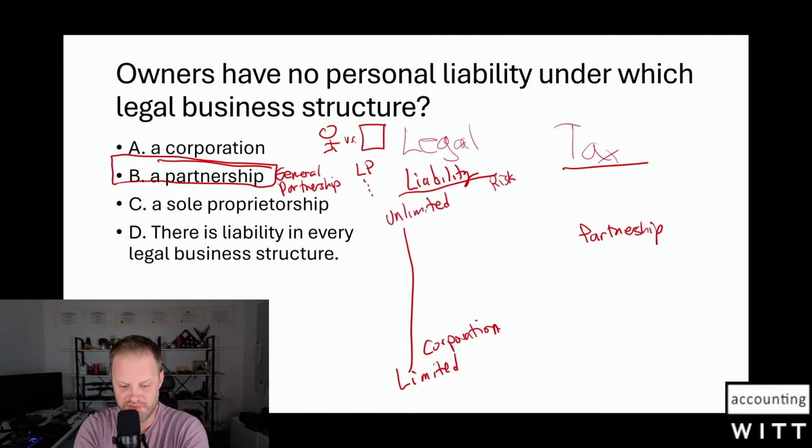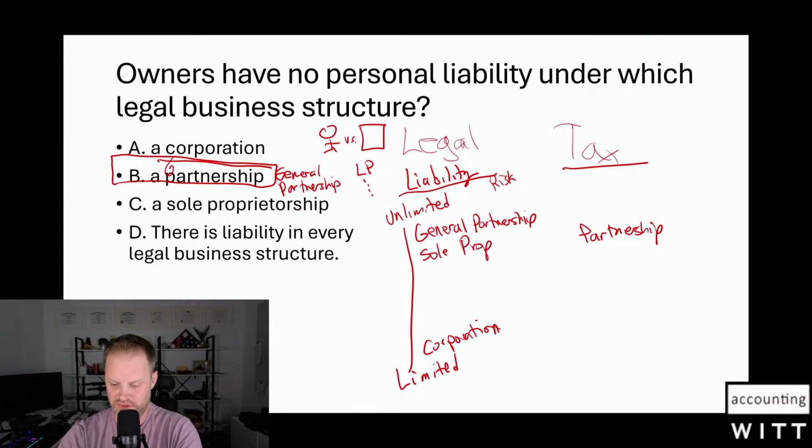So if this means general partnership, that's unlimited liability. It's actually more liability than a sole proprietorship, because in a general partnership you're actually liable for your partner's actions, which is crazy.